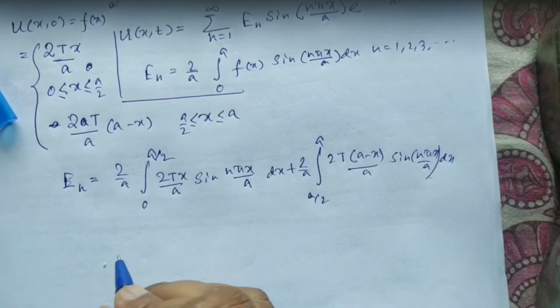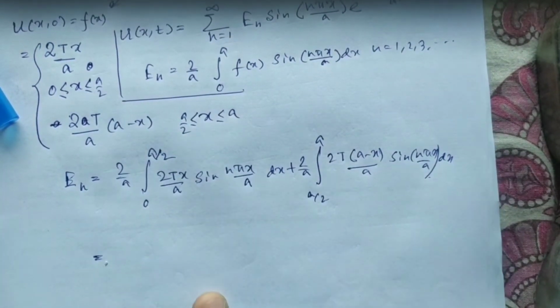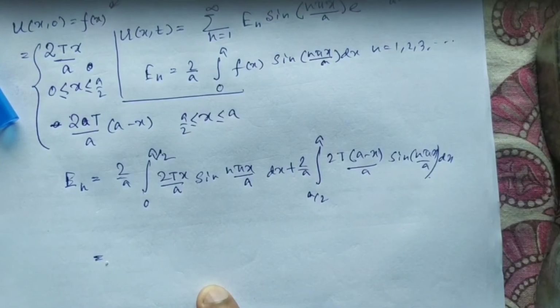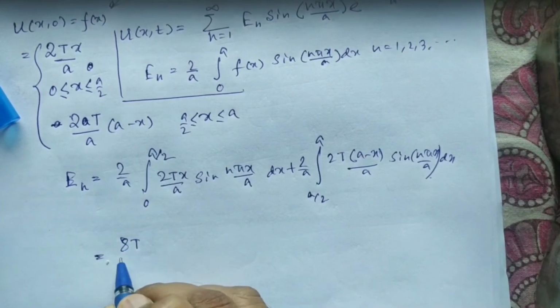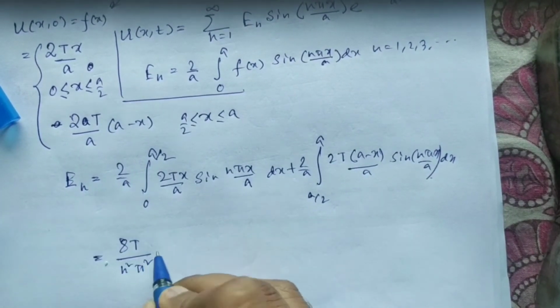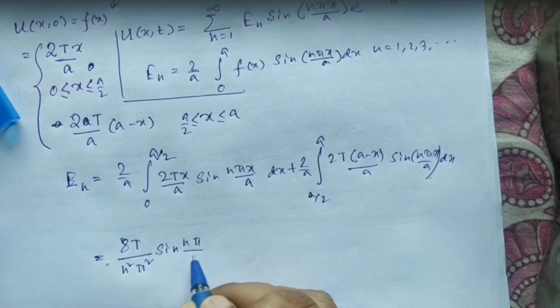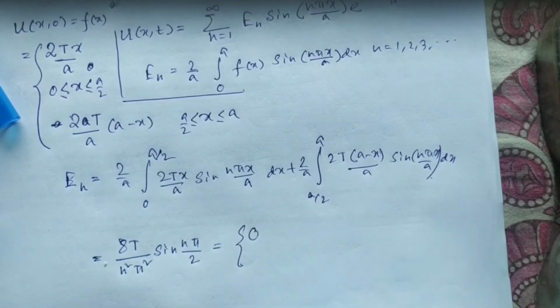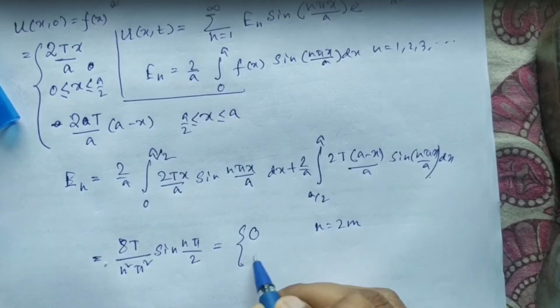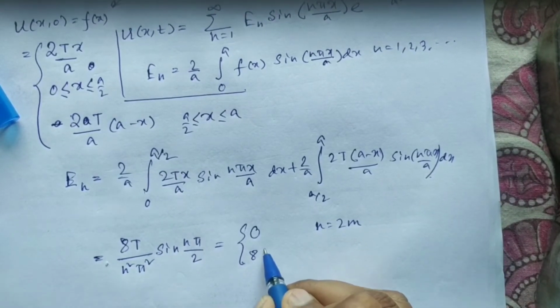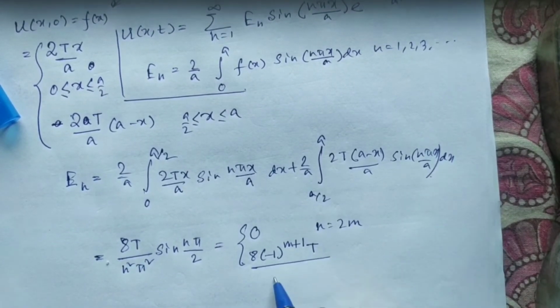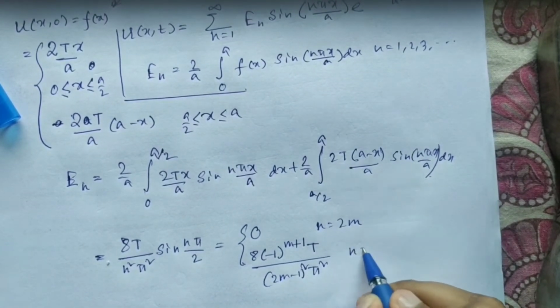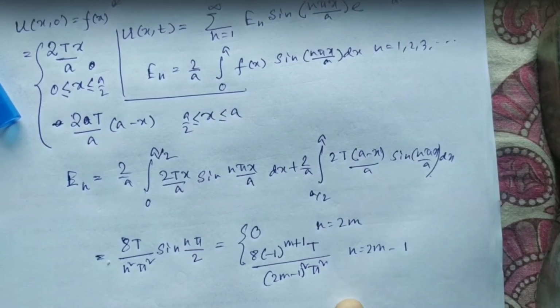Now to solve this, just try this solution by yourself and check whether I am correct or not. This is 8T/(n²π²) sin(nπ/2), which is equal to 0 if n equals 2m, and equal to 8(−1)^(m+1) T/((2m−1)²π²) when n equals 2m−1.